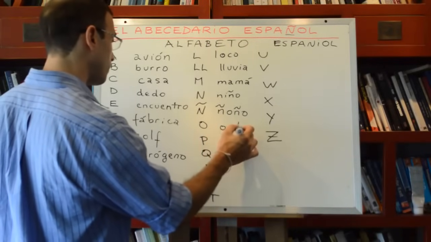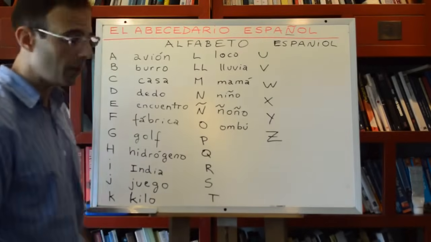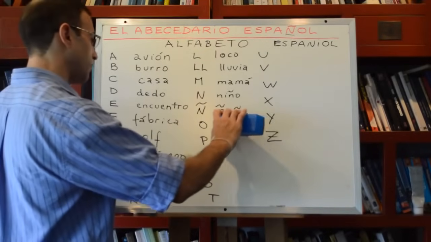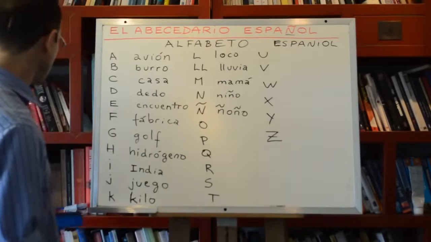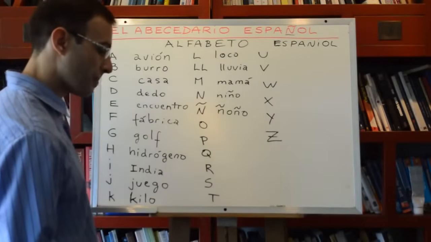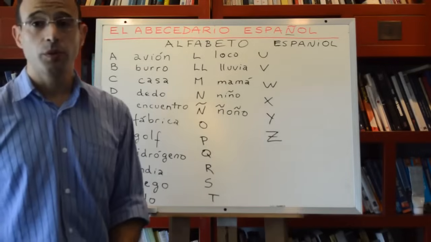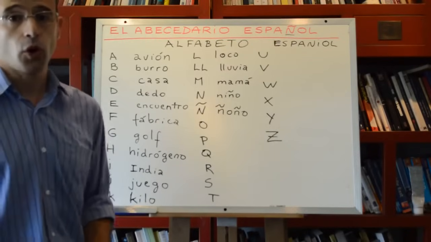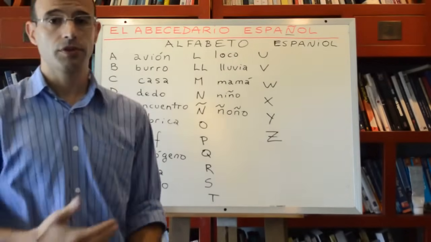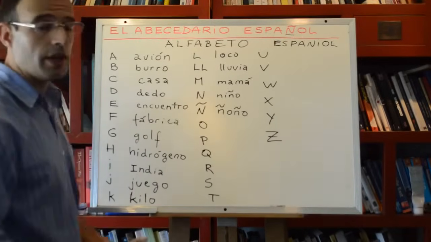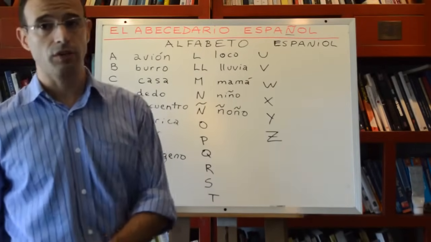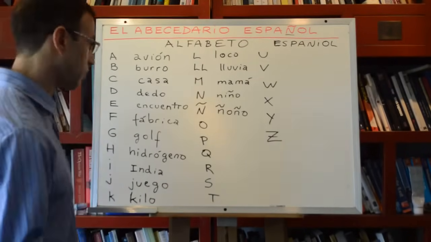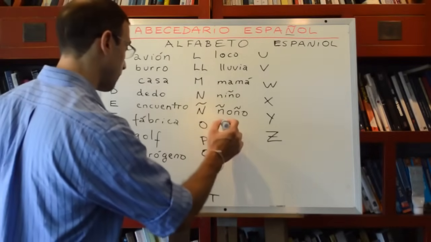Ombu is a type of tree. Sorry, this is not the best way to learn. Maybe let's try another word. Oscar is a name. Actually, all the words that I'm thinking of right now that start with the O sound have an H before, like hombro, for shoulder, or horrible, for horrible, which start with H, not with O. So I can't come up with a word that starts with O, except for given names like Oscar.